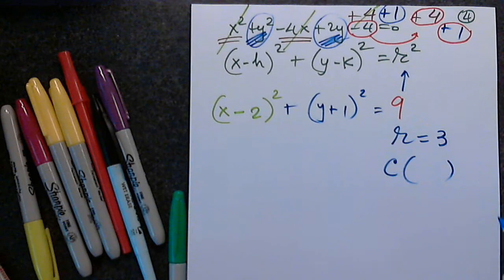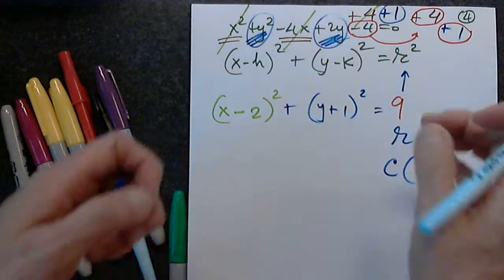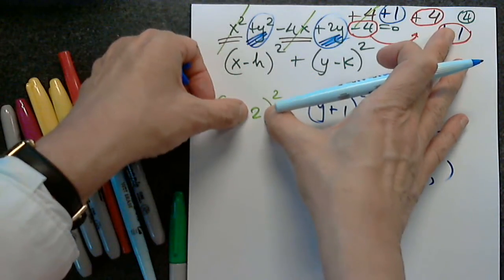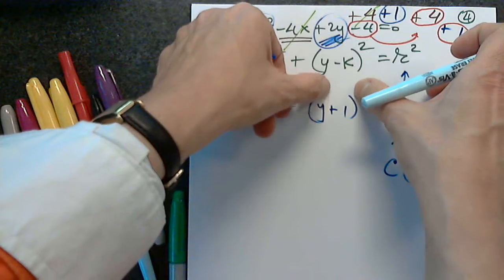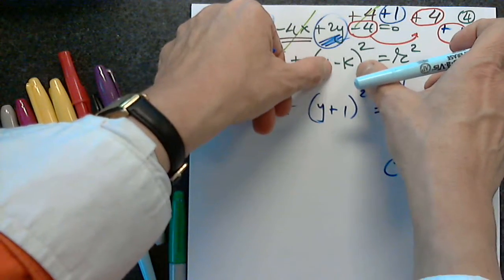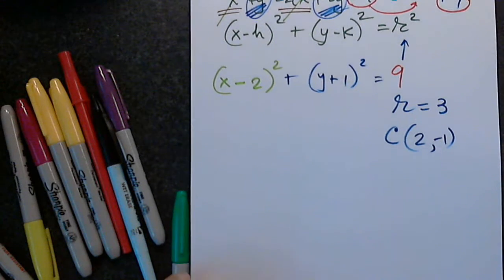So the center is, the x-coordinate is, and the y-coordinate is -1. Good. This was a quick review, not as quick as I was hoping it would take, but that's fine.